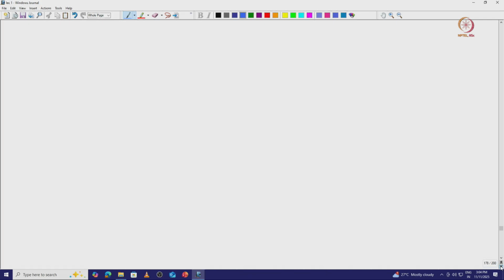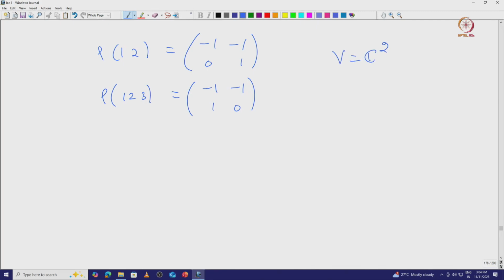So let us recall the representation rho: rho of (1 2) is nothing but (-1, 0; 1, 1), and rho of the 3 cycle (1 2 3) is nothing but (-1, 1; -1, 0). So now we want to claim that this two dimensional representation C2, where the action of S3 is given by this, is indeed irreducible.